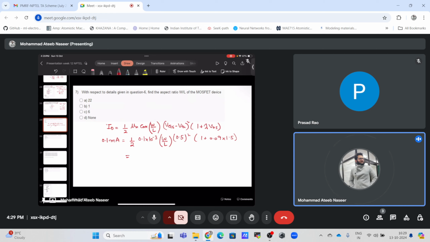So if we solve for this, all things will cancel, and it is simply 0.09 into 1.5 plus 1, 1.135, into 0.5 into 0.5, over 0.14.